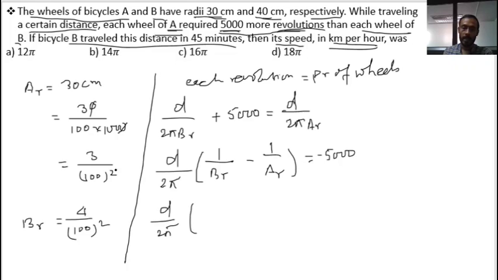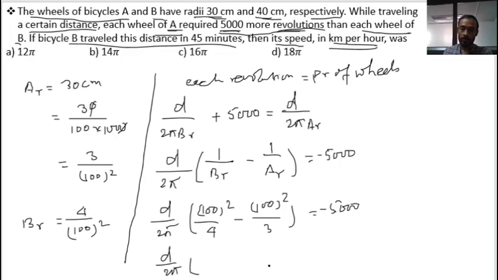So put B's R as 4 upon 100. So 100 will go in numerator, and this is 100 square by 4, minus this will also be 100 square by 3, that is equal to minus 5000. Now if we take LCM, D upon 2 pi, that is 12.